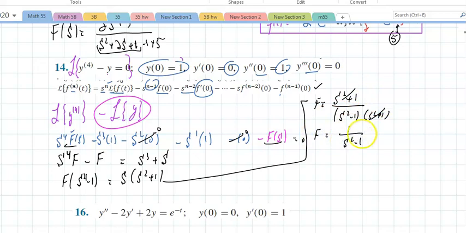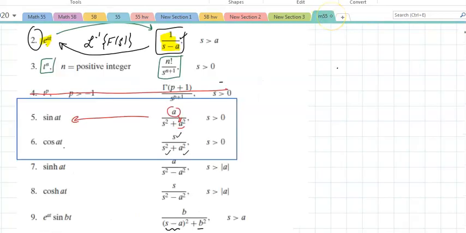And I have a formula for that. If I apply the inverse Laplace transform, I will get f of t, the solution, to be. And if I look at which of those matches a minus in the table, s squared minus 1, s squared minus 1 with a number, it's right there.